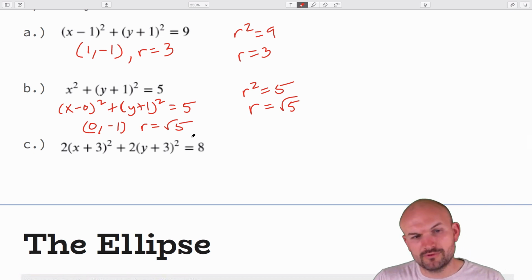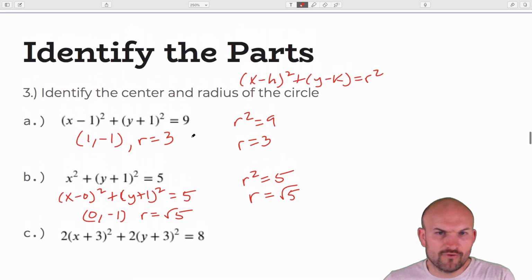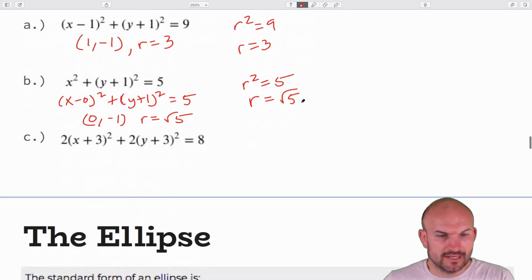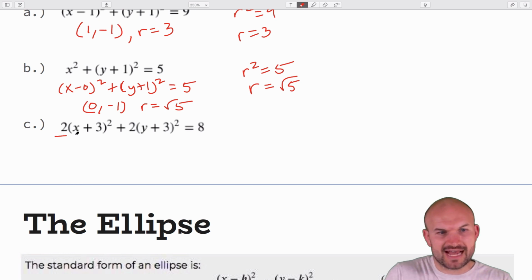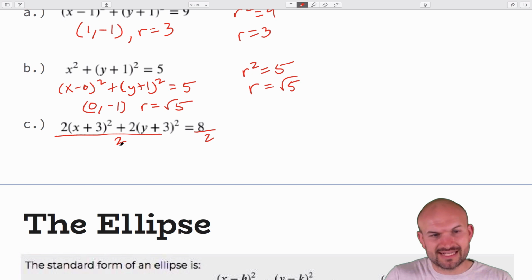Now, it's the last example. If you notice, for my x and my y, both have a coefficient of 2, right? And in our general formula, we don't have coefficients here. So what we're going to want to do is divide both sides by 2. When we divide by 2 here, that's going to eliminate those 2's on the left-hand side, and then 8 divided by 2 is going to be 4.